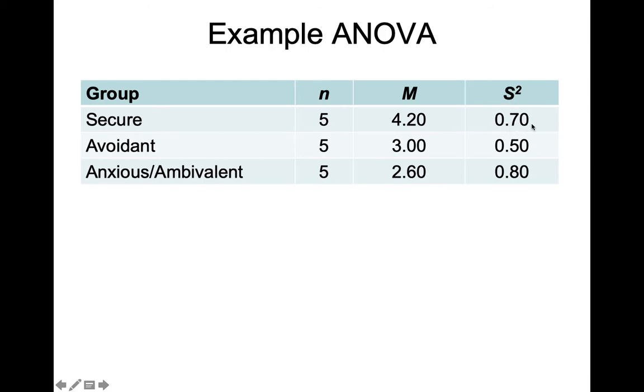You can imagine each of these 5 people reported a trust score ranging from 1 to 5. We calculated the variance, and then instead of dividing by 5, we divide by degrees of freedom, and that gives us an estimate of the population variance. And that was done for each of these 3 groups.